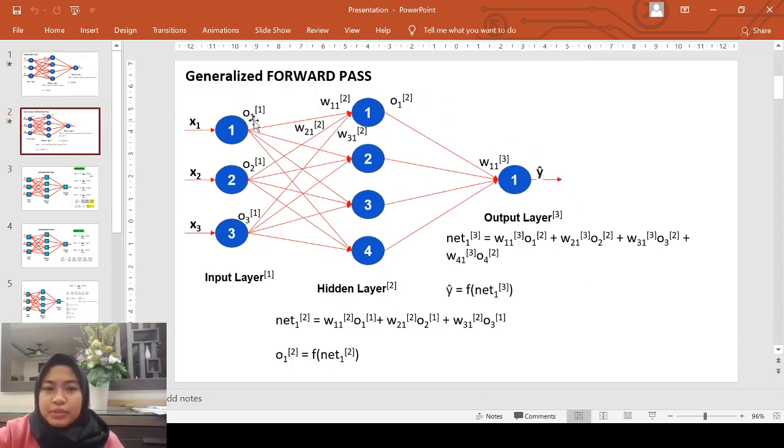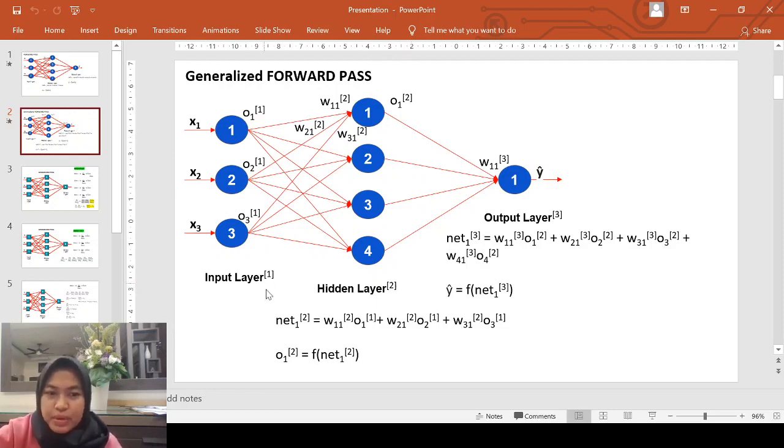And then we want to generalize this equation, so we use a notation. We have a three layer network, so we use the bracket as the notation of the layer number.